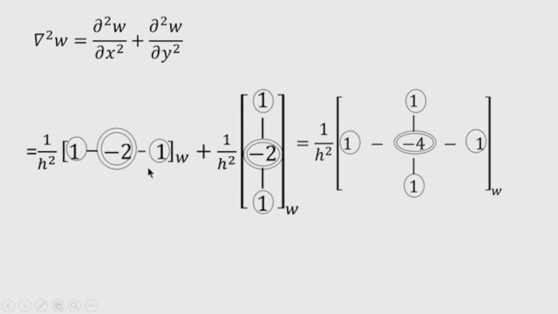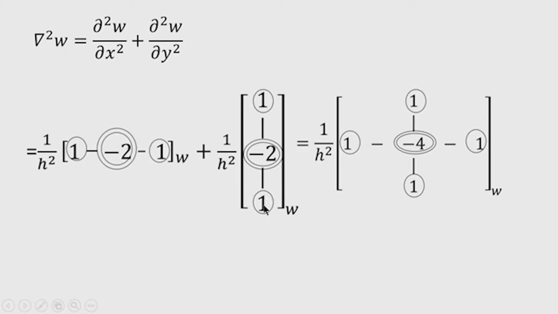Towards right it is 1 and this is 1. Similarly, for the second derivative in the y direction, which is vertical, we write in the vertical line minus 2 as the central deflection coefficient, and then upward it is plus 1 and downward it is plus 1.